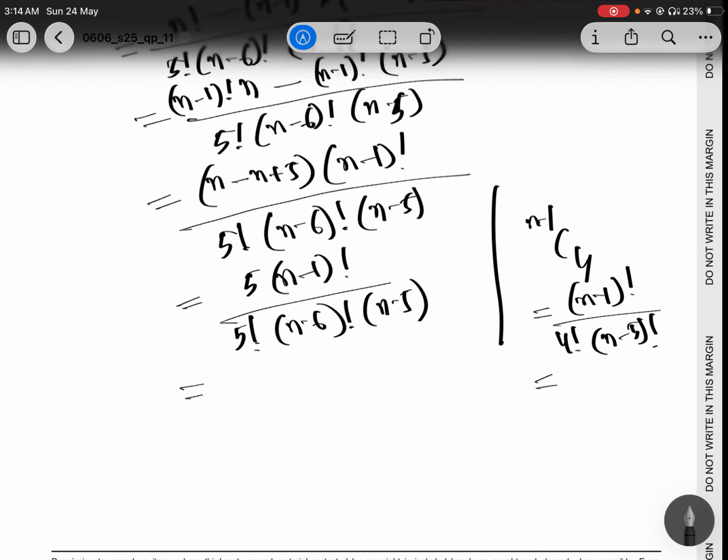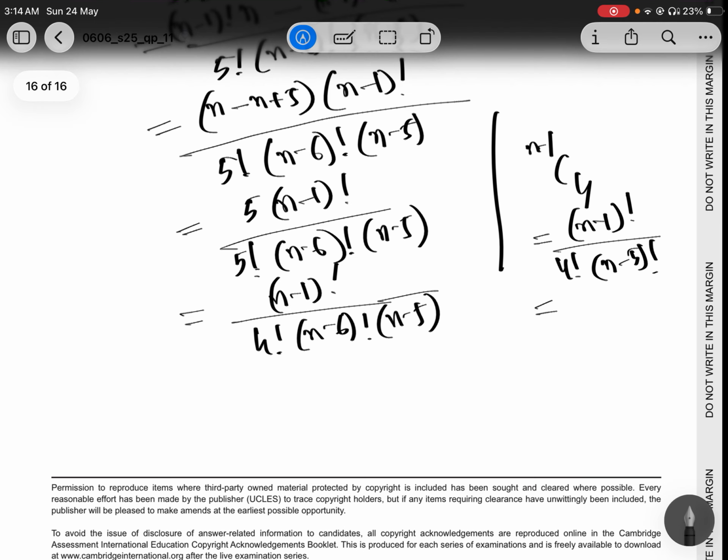Okay, so if I cut down n minus 1 factorial, here is 4 factorial, and here is n minus 6 factorial, n minus 5. Oh my god, I cracked it. Okay, if I take n minus 1 factorial, 4 factorial, n minus 5 times n minus 6 factorial, exactly the same thing.